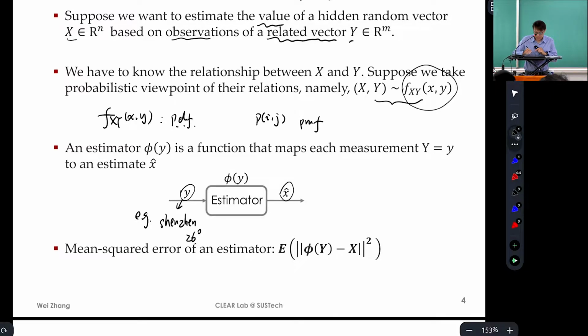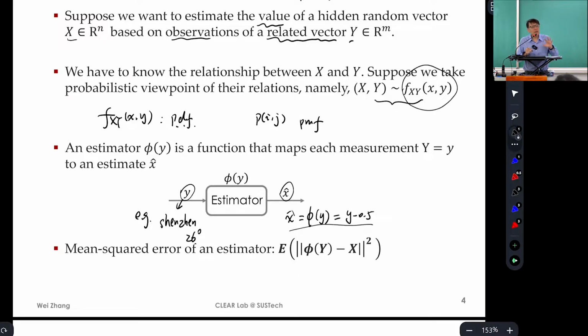Then the output could be Guangzhou's temperature, right? I can say this output is phi, a function of Y. Let's just say this is Y minus 0.5. I'm not sure whether that's true, but I think Guangzhou is half a degree cooler than Shenzhen. Okay, that's my knowledge. I can be wrong, but that's fine.